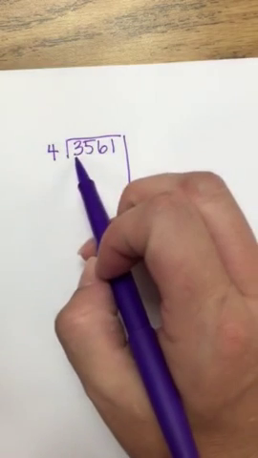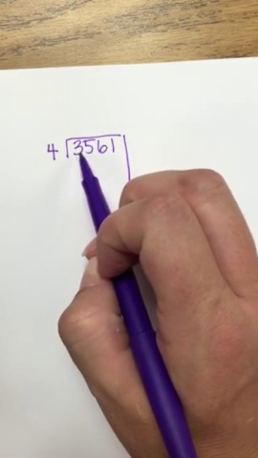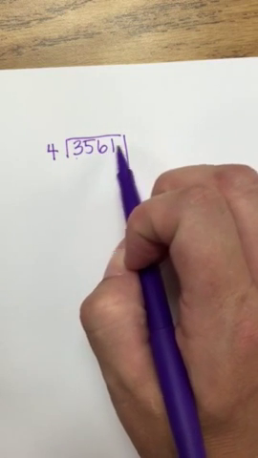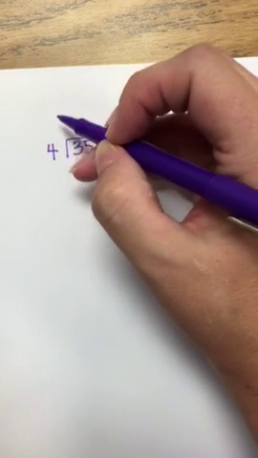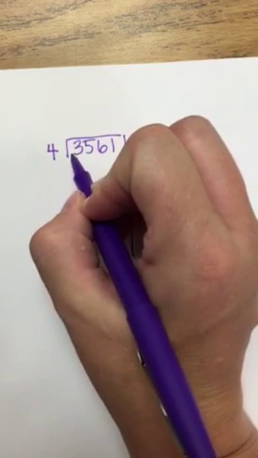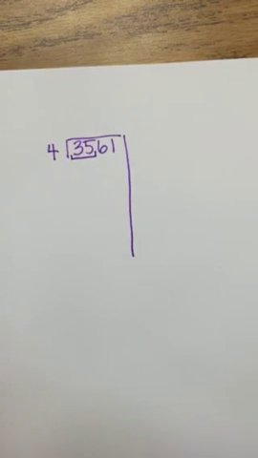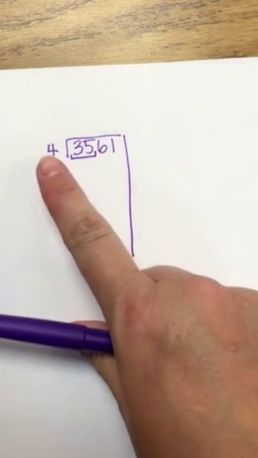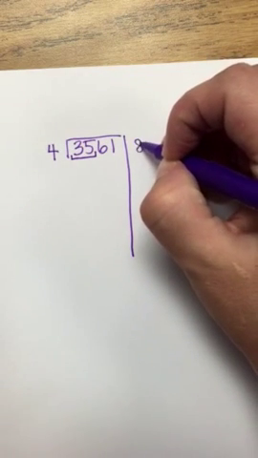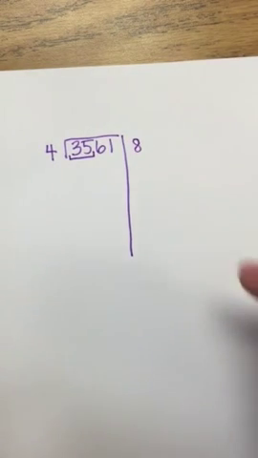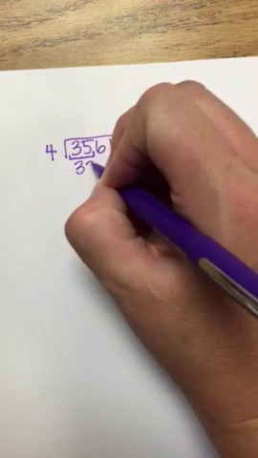If I view this as 3 thousands, 5 hundreds, 6 tens, and 1 one, I can see that I don't have enough thousands to put 1 in each of the 4 groups. So I'm going to have to focus on hundreds. And I have 35 hundreds. So 4 can go into 35, or I can split that 35 by 4, and I know that it can go in 8 times, or I can put 8 in each group to get 32.